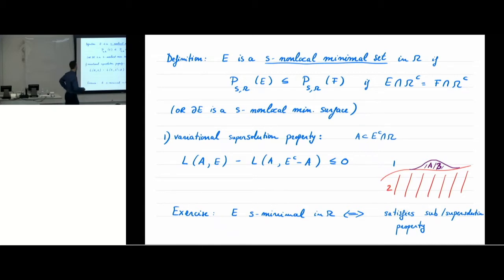A way of saying that you're minimal is to say that no matter which outside perturbation you do to the set E, and this perturbation should be inside the set omega because that's where I'm allowed to deform my set E, then I have this inequality. And we say this is like a variational supersolution. And okay, we will see in a second why supersolution.